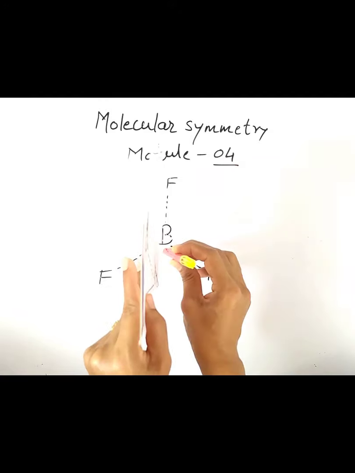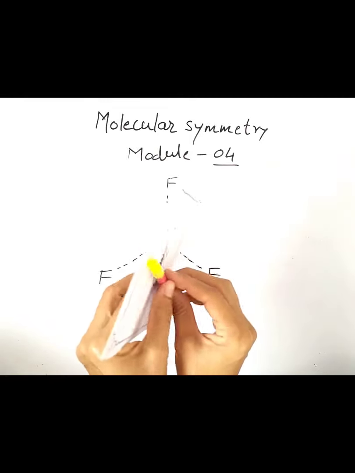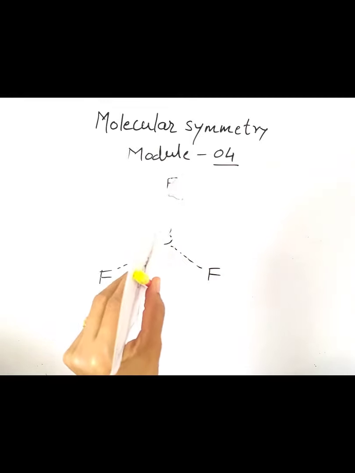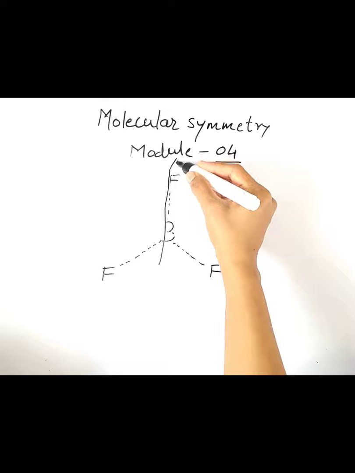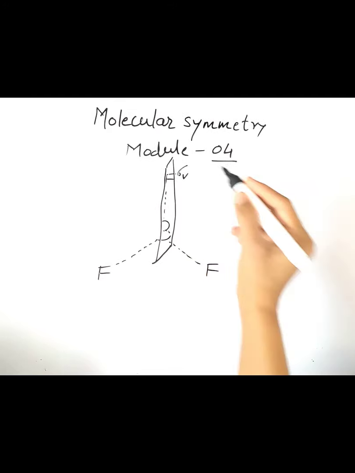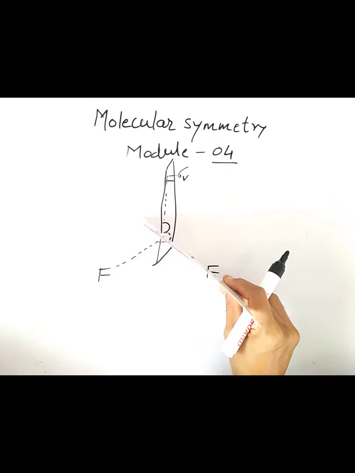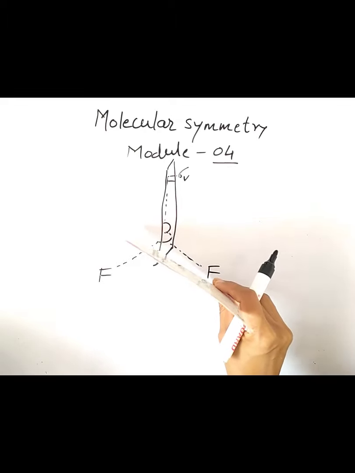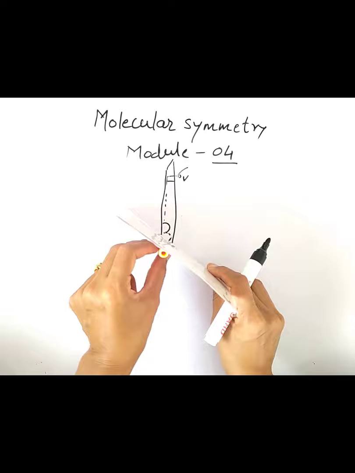As the plane is parallel to the principal axis, this plane will be called what? Sigma v. I am drawing the plane like this. This is what? Sigma v. Secondly, we have drawn the second plane like this. Principal axis, mirror plane.